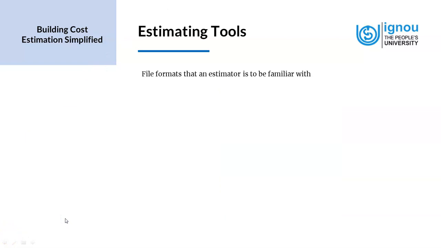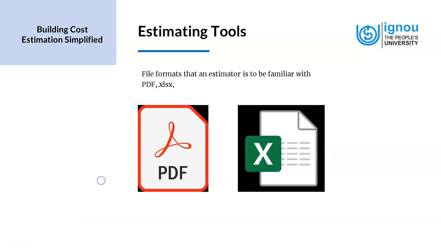Some of the other estimating tools that we use are the file formats that an estimator is to be familiar with. We normally use PDF or XLS formats. PDF stands for Portable Document Format, and it is very universal. It can work across platforms, and it is a format which prevents editing of the source format.